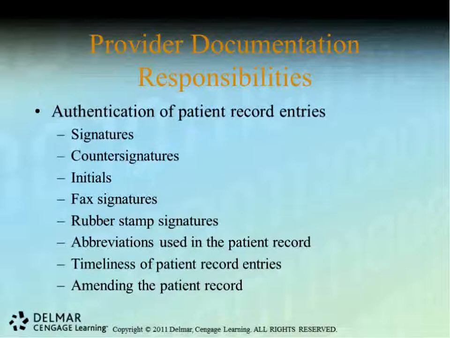You also know that HIPAA gives patients the right to come in and ask for amendments or corrections in their records, but the provider has the right to deny the amendment request. If that's the case, an individual can still submit a written statement to clarify information that they feel is not correct in their record.